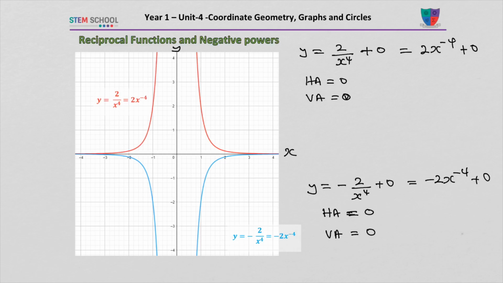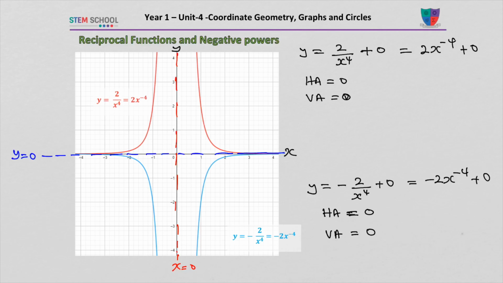So that's the first thing we draw. We draw the line of, so this is the horizontal asymptote. That's where y equal to 0. And the vertical asymptote, that's where x equal to 0.